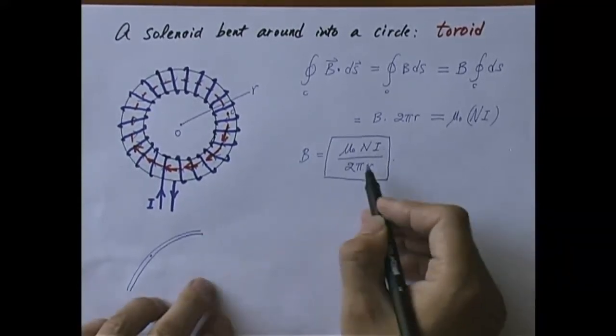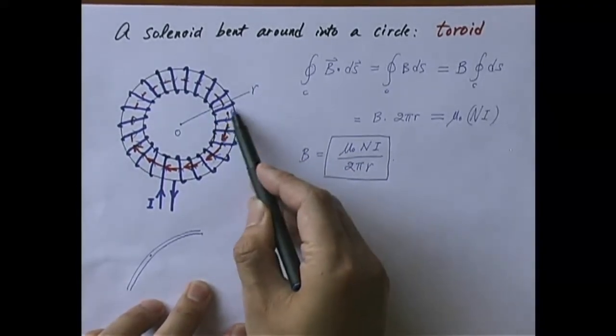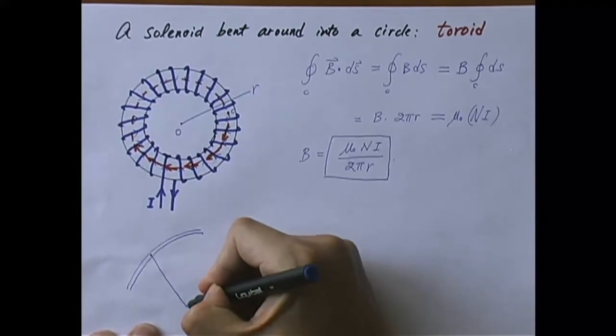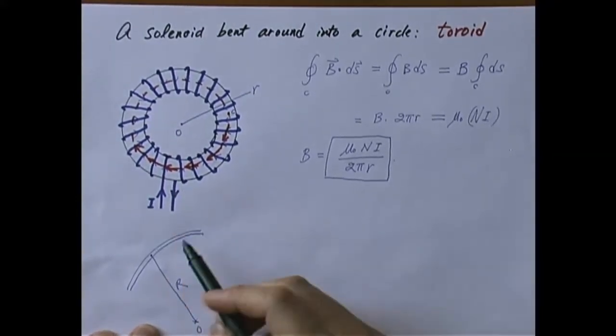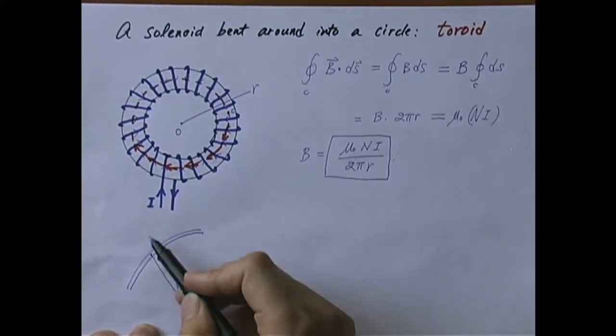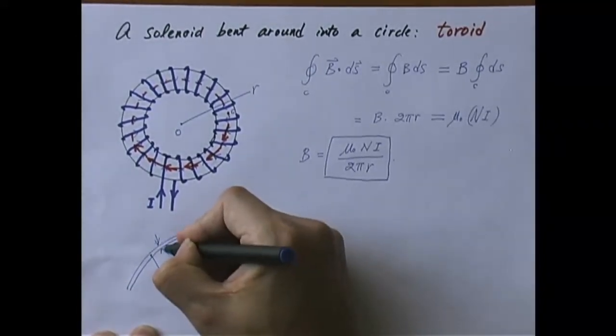So imagine r does not vary by much. It can vary between here and there, right? But if it doesn't vary by much, it is roughly equal to big R. Big R is just the distance between the center of symmetry of the toroid and either the inner or outer surface. It makes very little difference because this is very narrow.